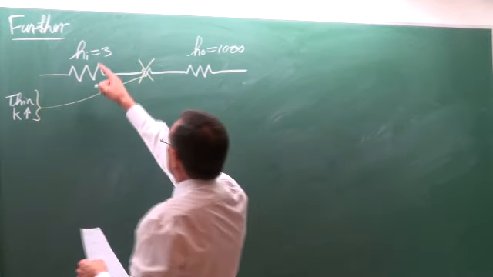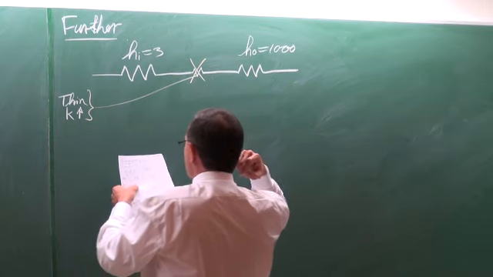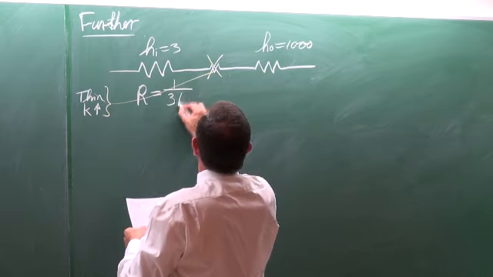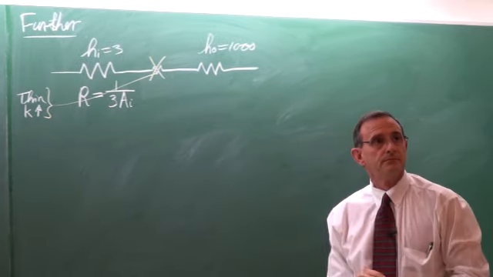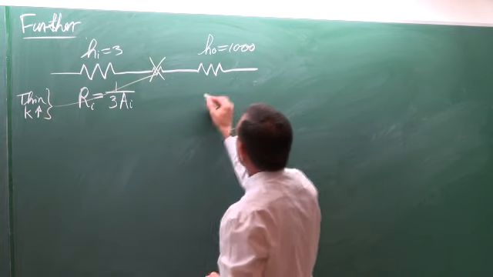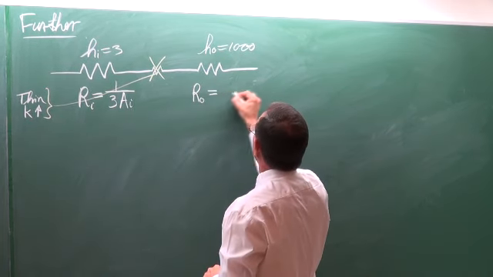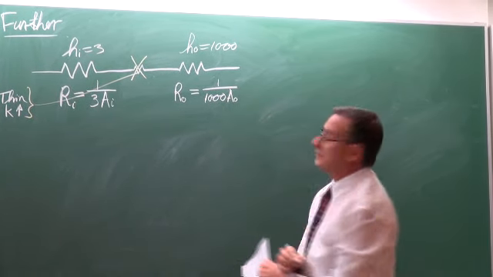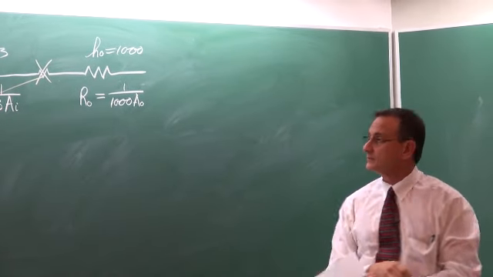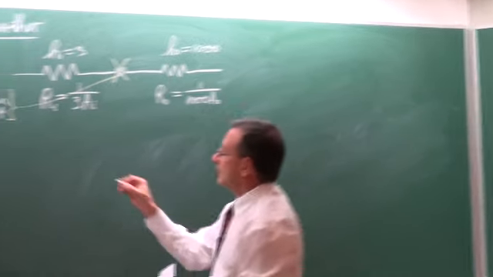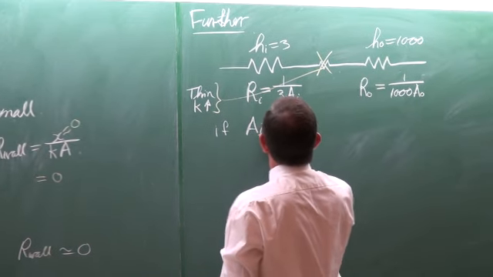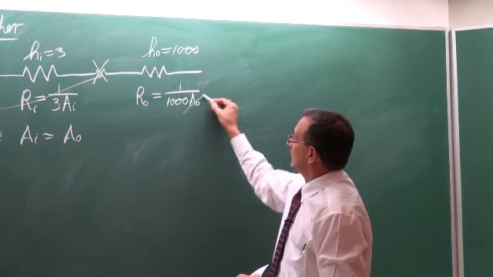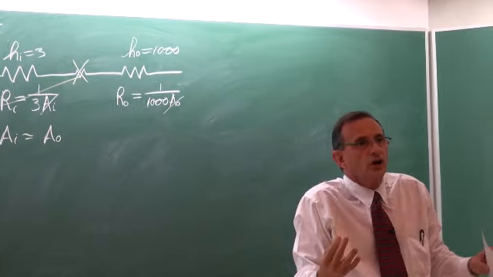Okay. If this heat transfer coefficient is equal to 3, then this resistance is going to be 1 divided by 3 times the area on the inside. And this one on the outside is going to be 1 divided by 1,000 times the area on the outside. Okay. Now if the area on the inside is approximately equal to the area on the outside, then those two terms are not going to play a role.